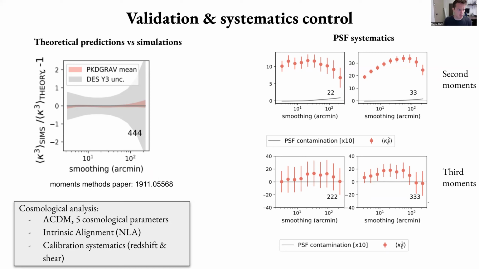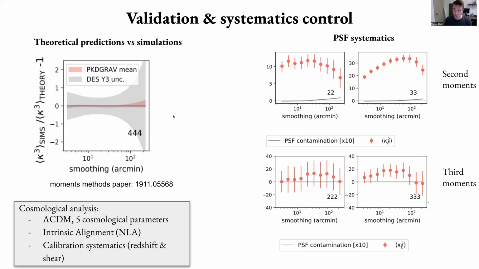This is basically a ratio minus 1, so if it's at 0, that's great. This is the ratio between my model predictions and simulations, in red. You can see it is on top of 0 within uncertainty, which is great. And the actual DES Year 3 uncertainties, in gray, are much bigger, which means we can safely use this for our analysis with no problem.